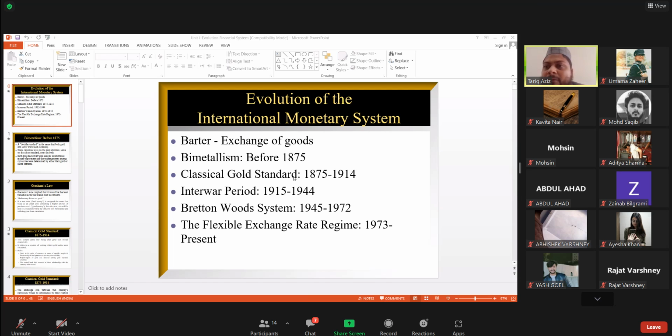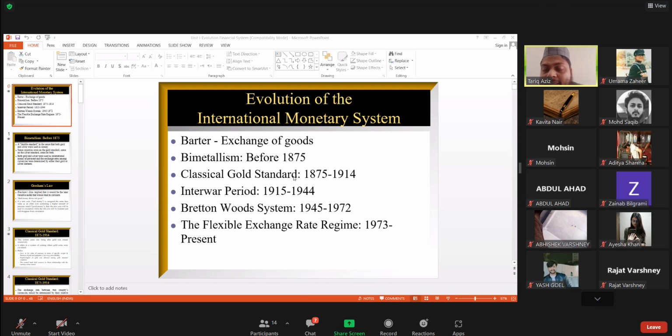One of the problems was that it was not clear which country has how much reserve of gold. Because the value of the currency will be decided as per the gold reserve in their hand, isn't it? It does not matter how much paper money they are printing.